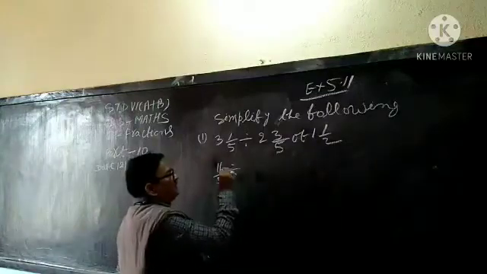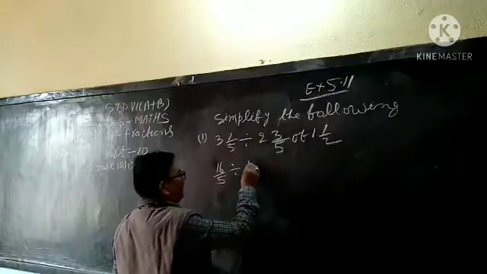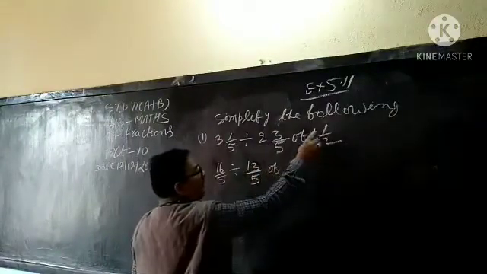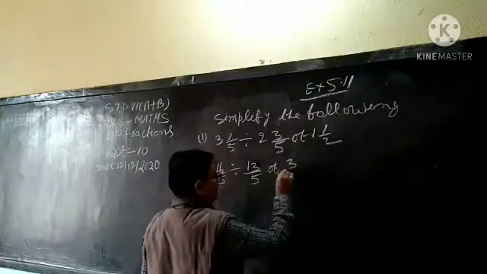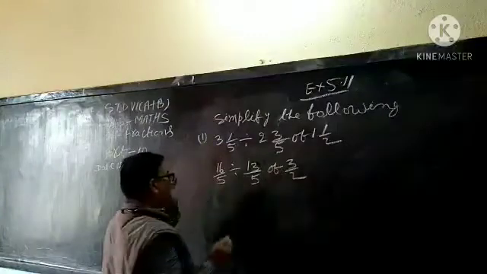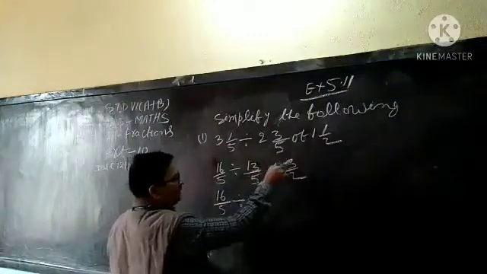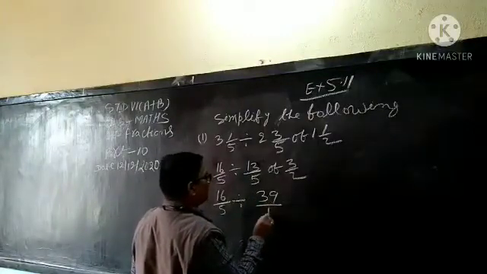Divided by 5 into 2, 10 plus 3, 13 by 5, of 1 2 by 3, which is 5 by 3. 16 by 5 divided by 13 into 5 by 3, 65 by 15.